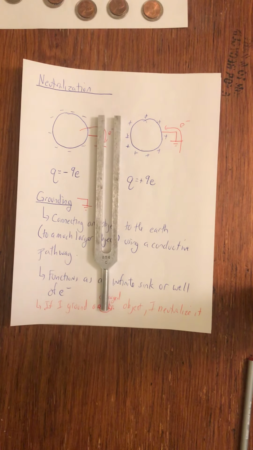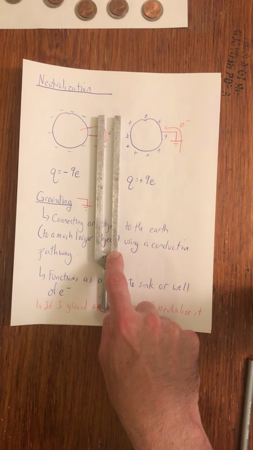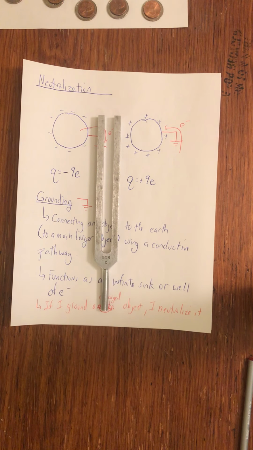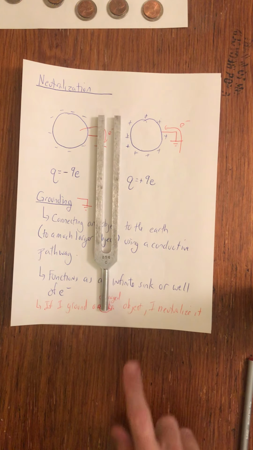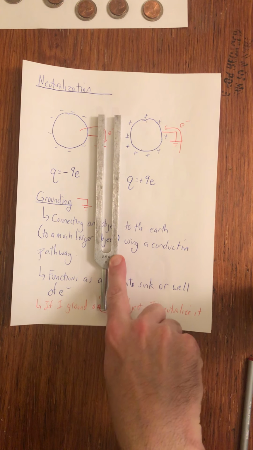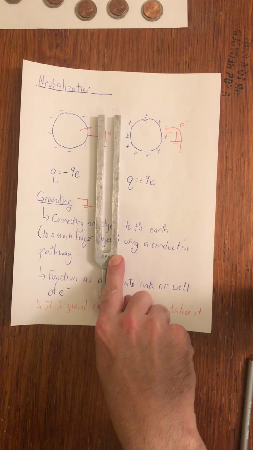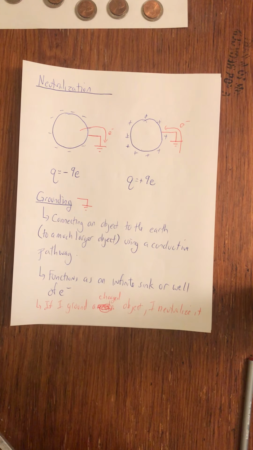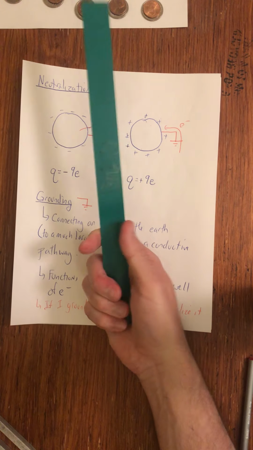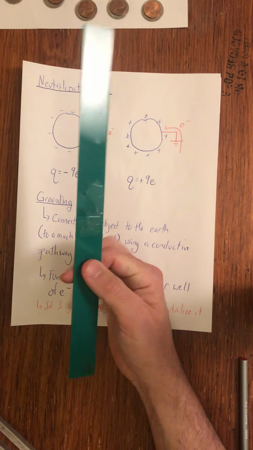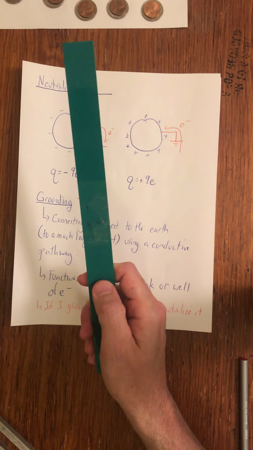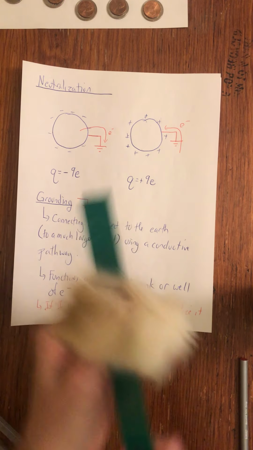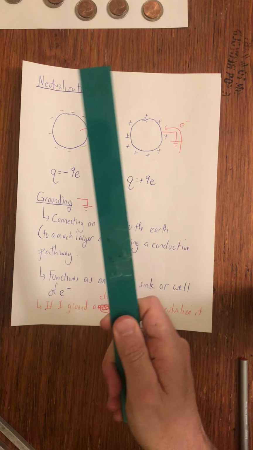So if I have this object and it is charged, if I just touch it anywhere, it becomes neutral, right? This object is a conductor, so if I touch it in any one spot, the whole thing is grounded because the charge is free to flow all throughout this. But if you notice, all throughout this, I've been holding our other objects. This is an insulator, so when I do this, I'm not charging the entire thing.